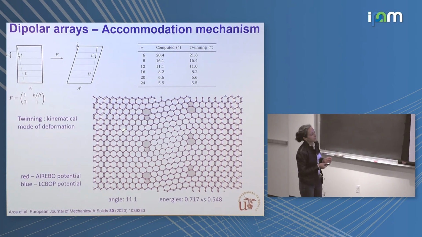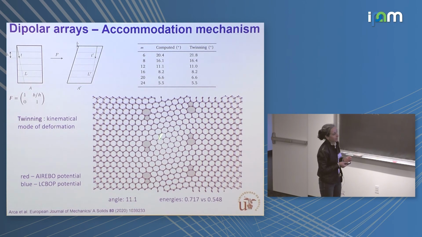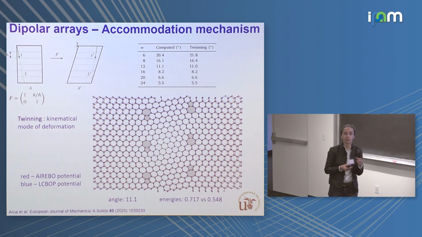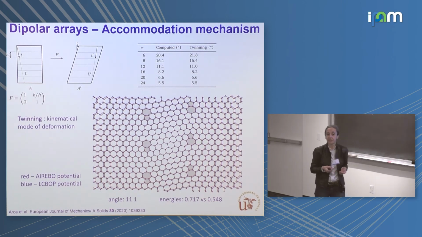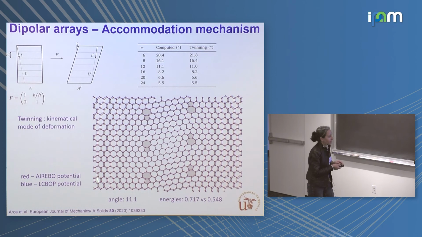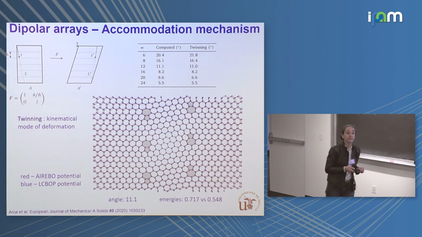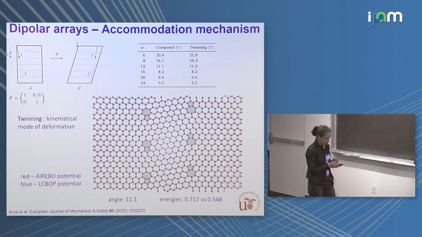You see that the angle that we have observed is exactly the same, whereas the energies are not the same, because different interatomic potentials use different lattice parameters, and so the differences in the energies are always going to be there. You cannot avoid them. But this angle is exactly the same using different interatomic potentials.